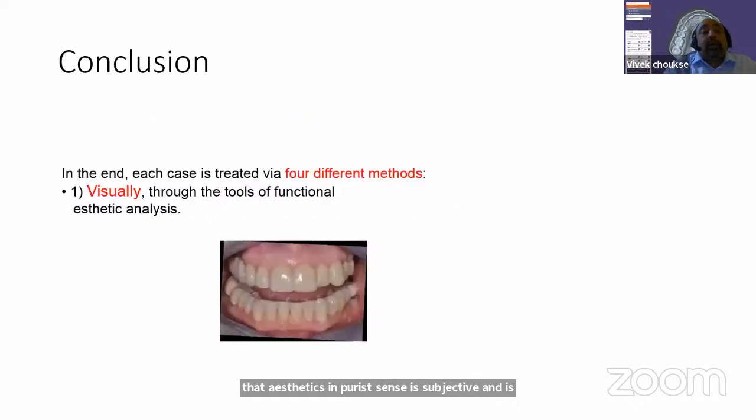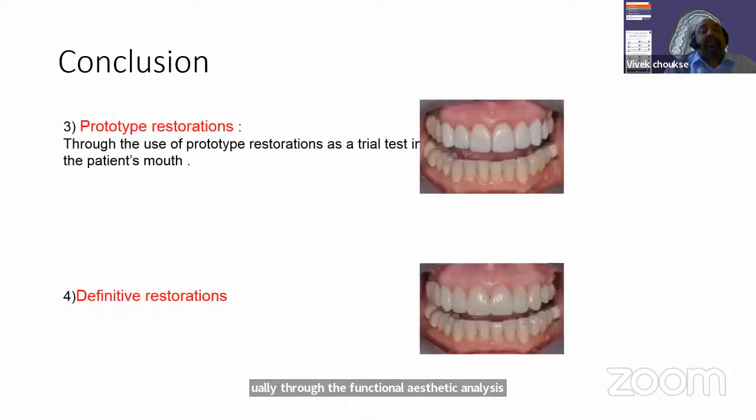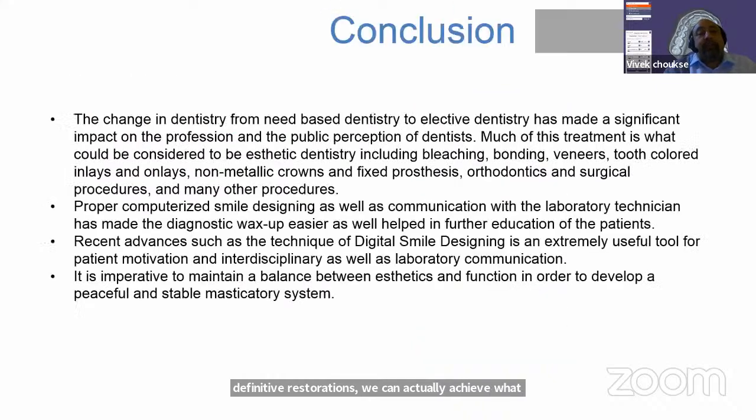So we can see each and every case visually through the functional aesthetic analysis, virtually through the diagnostic wax-up. We can check it through the prototypes, and through the definitive restorations, we can actually achieve what we have designed in the digital smile design software.